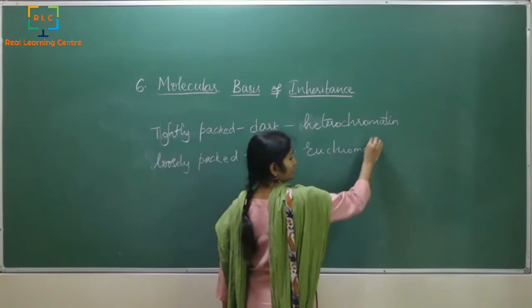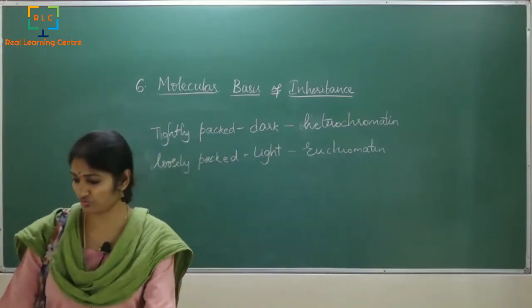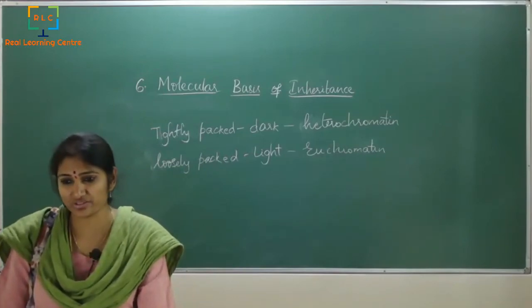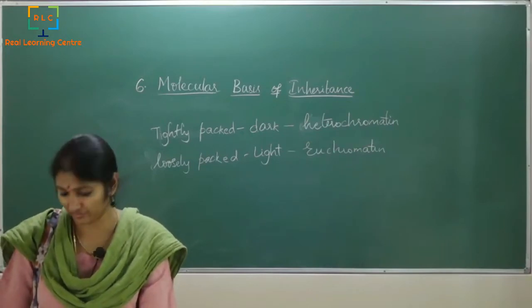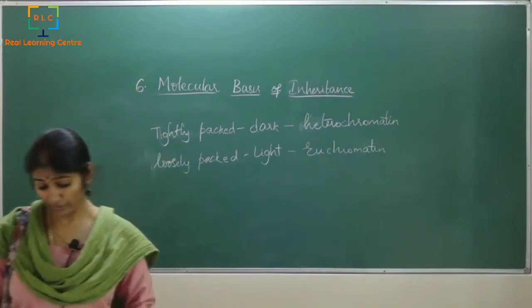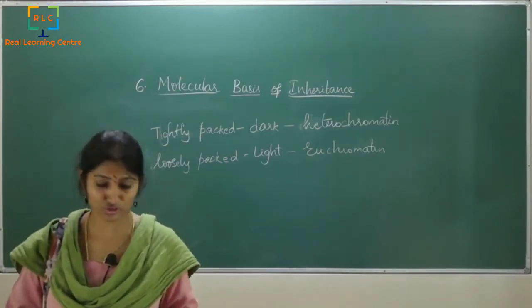Now it is assumed that the euchromatin is the region which actually codes for the proteins required by the cell. Okay, but we say that it is the transcriptionally active chromatin, and heterochromatin is inactive. But however, there are many exceptions to this.